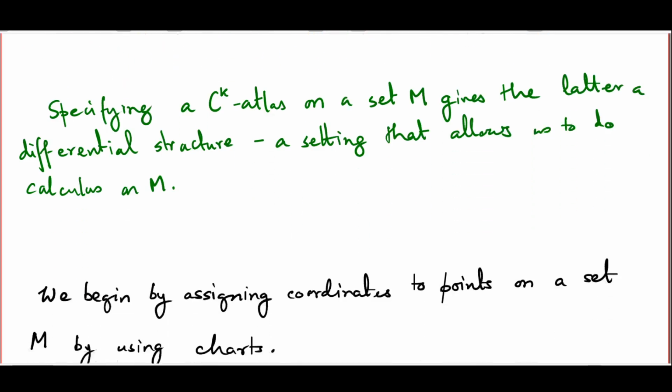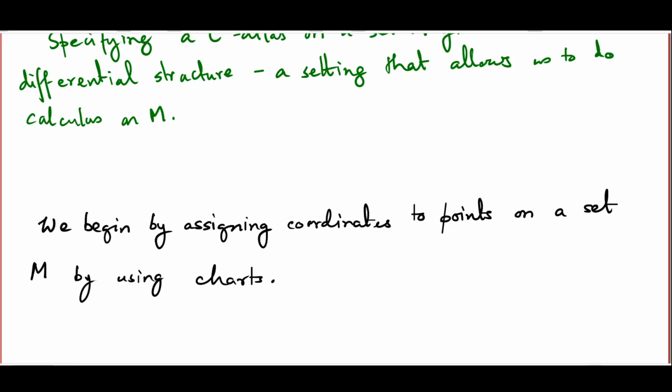The major players, at least the beginning point, is that we assign coordinates to points on a set M by using charts. These coordinates are a bunch of real numbers. They may also be complex numbers if we are talking of complex manifolds, but in this course we focus on real manifolds.